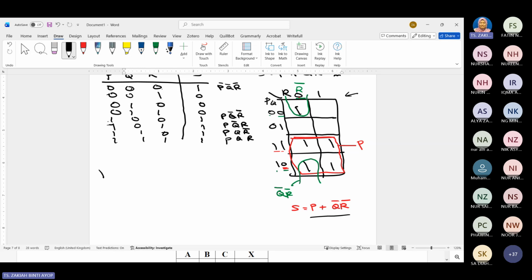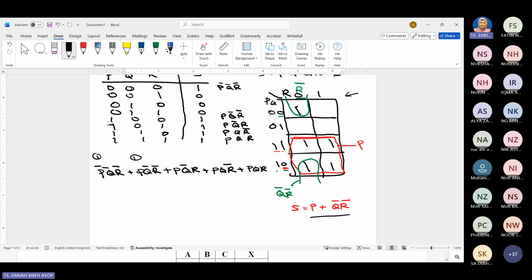So you write it. P bar, Q bar, R bar, and then plus P, Q bar, R bar, and then plus, okay, P, Q bar, R plus P, Q, R bar, and then P, Q, R plus P, Q, R. Now, P bar, Q bar, R bar can be paired together with this.